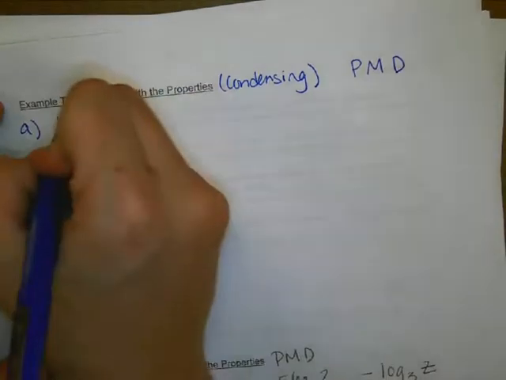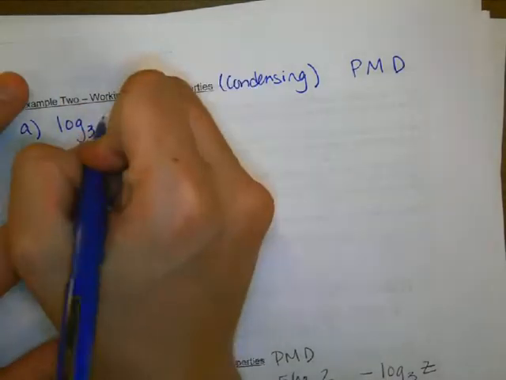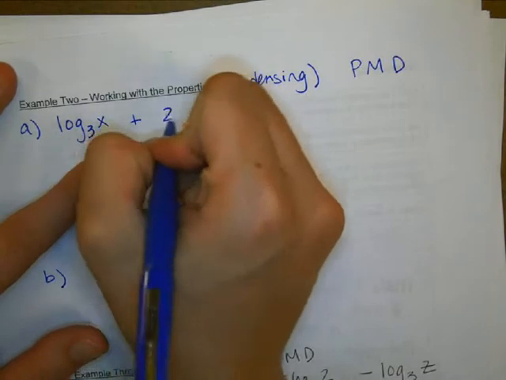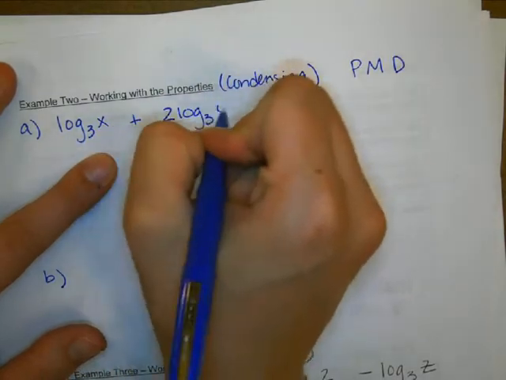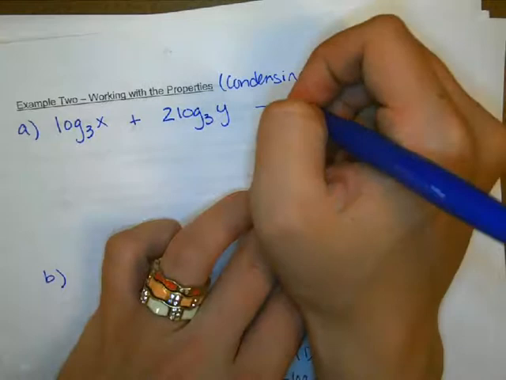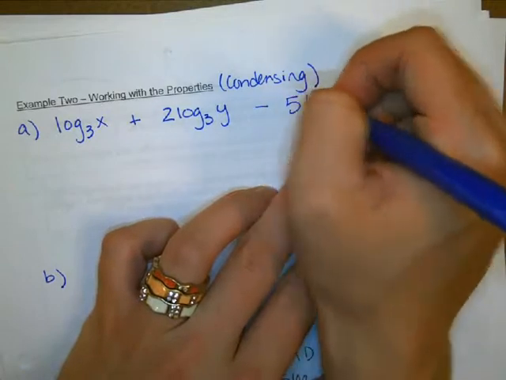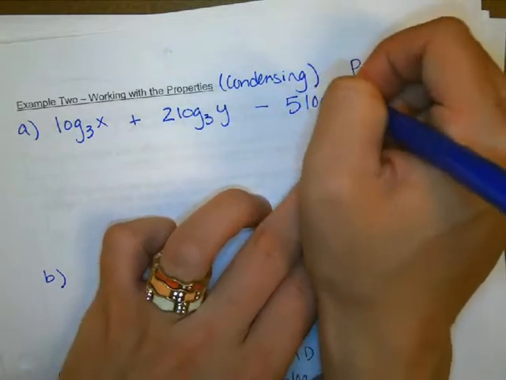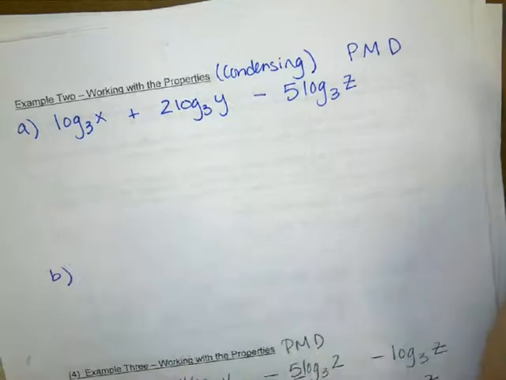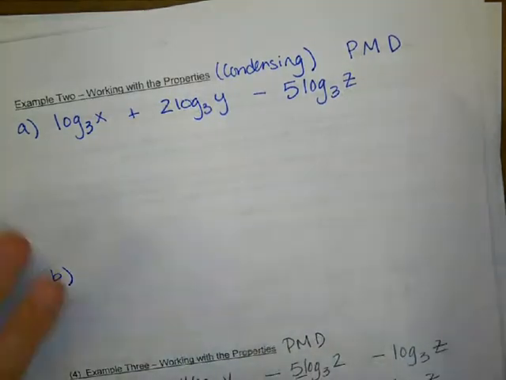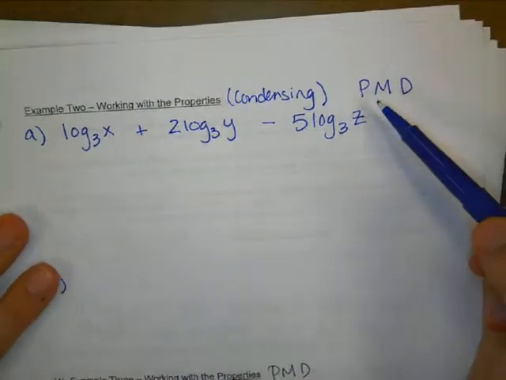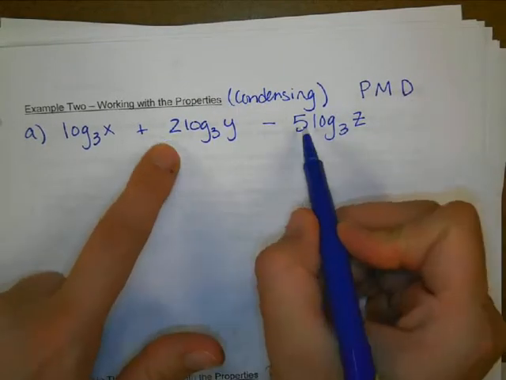First one we're going to look at: log base 3 of x plus 2 log base 3 of y minus 5 log base 3 of z. Notice the bases all have to be the same. We're going to start by looking for any powers. Well, I know something's a power if it's in front of my expression.